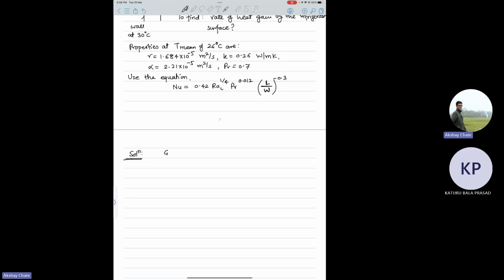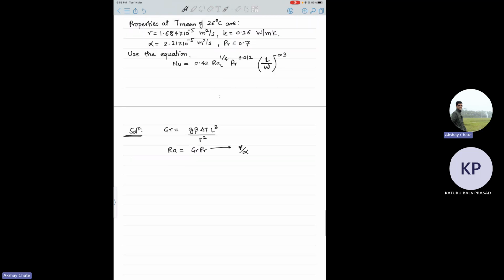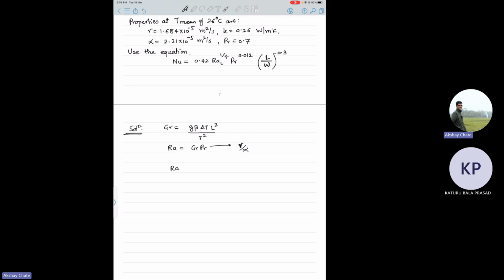So we know that the Grashof number is g beta delta T L cube by nu square, the kinematic viscosity squared. And we know that the Rayleigh number is Gr times Pr, and Pr is the ratio of viscosity and diffusivity. So we can simplify our calculations and directly calculate Ra as g beta delta T L cube.